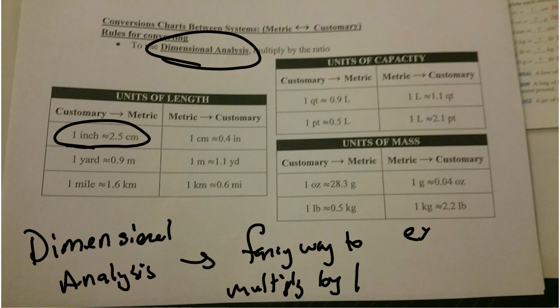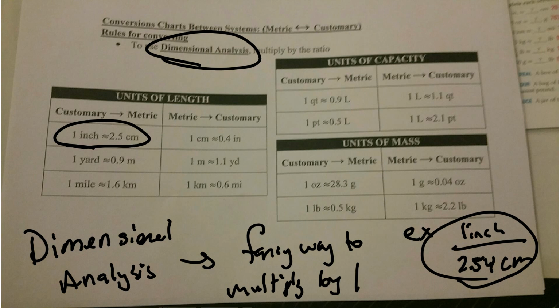For example, 1 inch over 2.54 centimeters. The top and the bottom are exactly the same, they're equivalent. So really, that's just a fancy way to say 1. So you'll always make some ratio of 1.